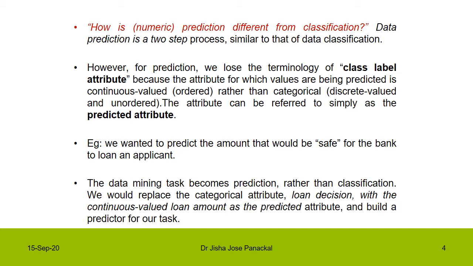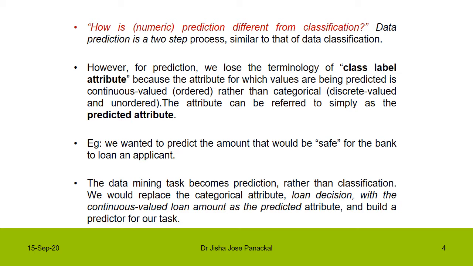That is, we are using continuous valued or numeric values as the attribute, and this is referred to as the predicted attribute. For example, we wanted to predict the amount that would be safe for the bank to loan an applicant. We have seen this example. The data mining task becomes prediction rather than classification. We would replace the categorical attribute loan decision with the continuous valued loan amount as the predicted attribute and build a predictor for our task.